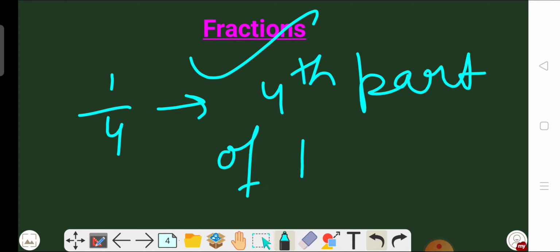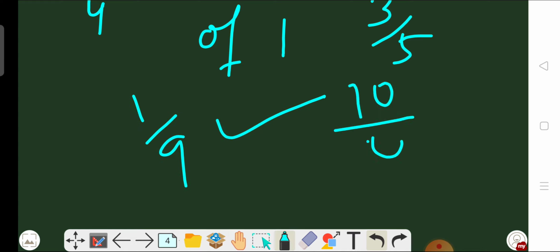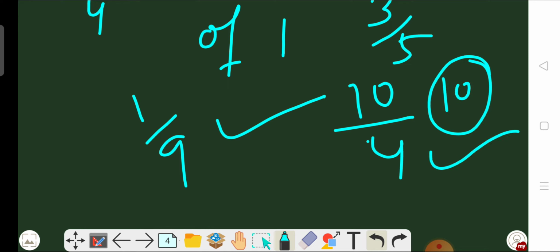Clear? Or you can say 3 by 5. It means the fifth part taken three times. And 1 by 9 is the ninth part of 1. Okay. Now what we have to find?